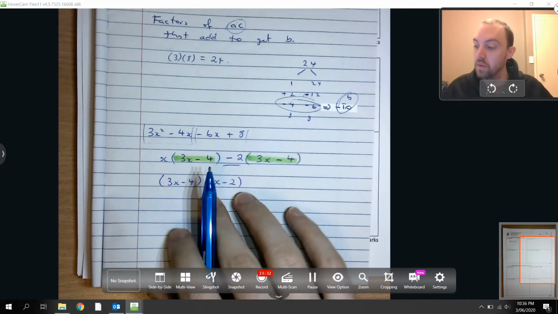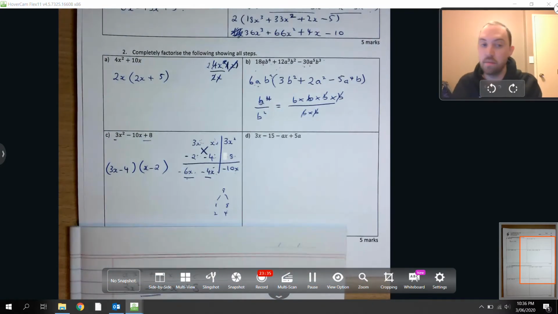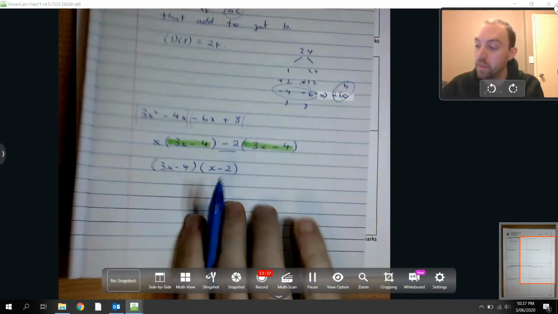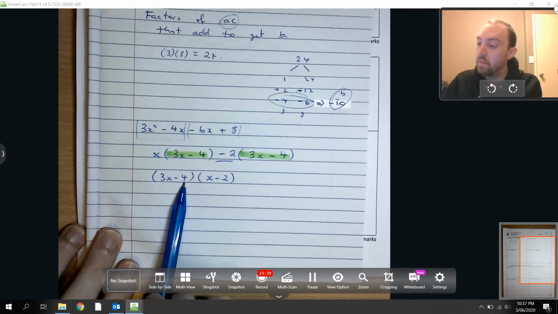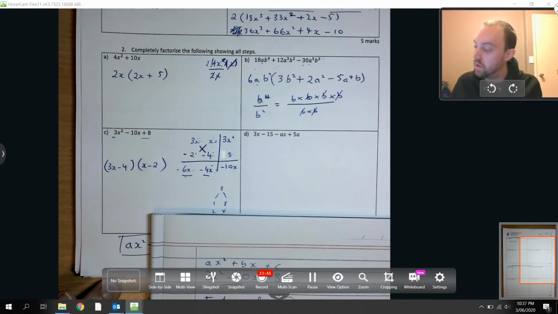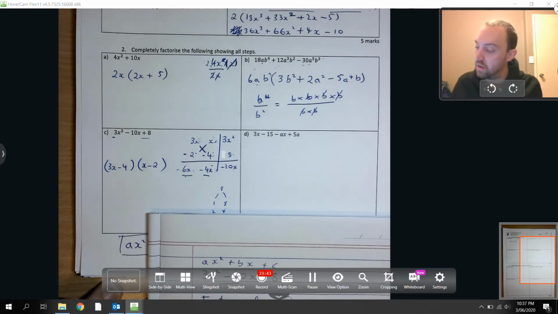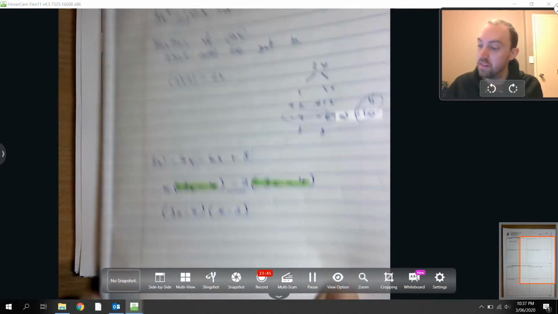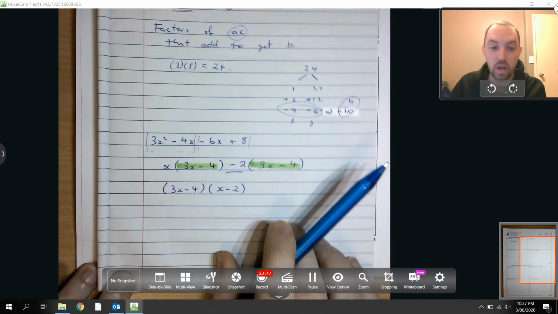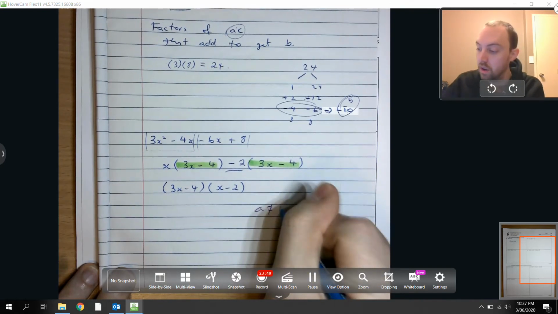And you'll notice that it's the same solution that I had before. And that's the other way of solving your quadratics when a is not equal to 1.